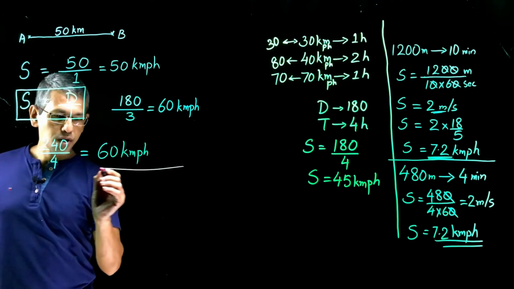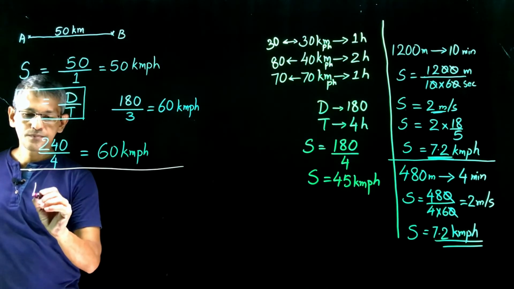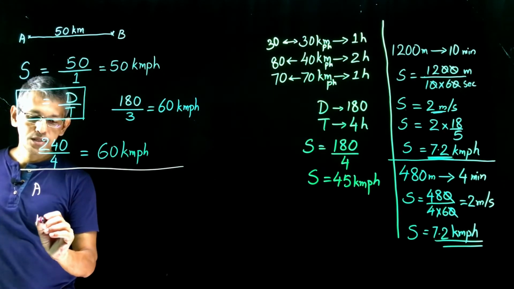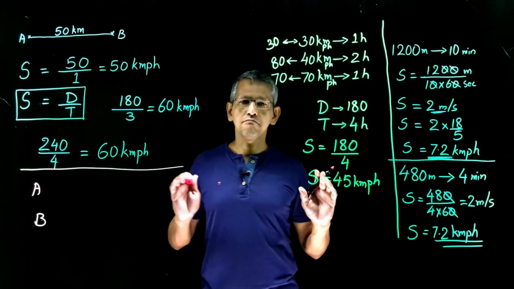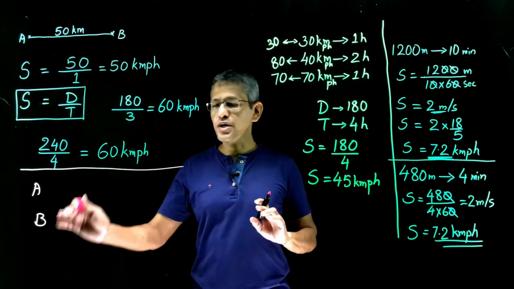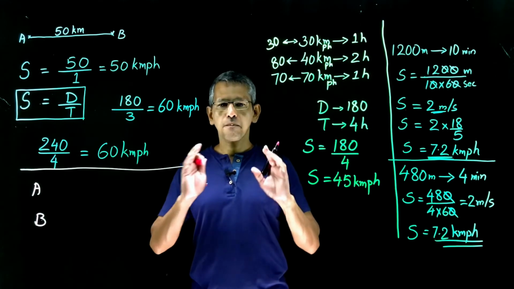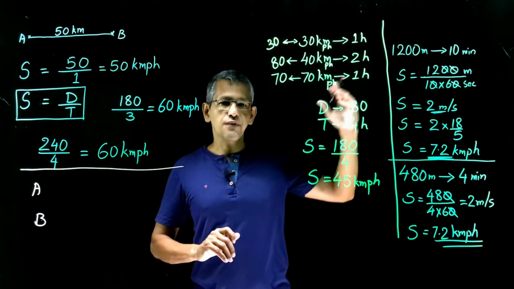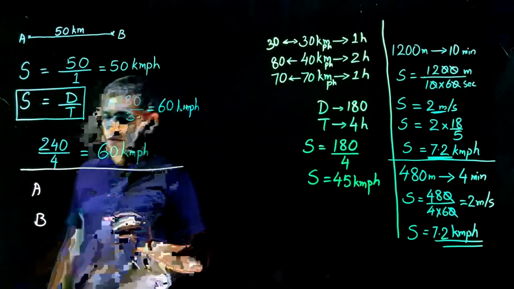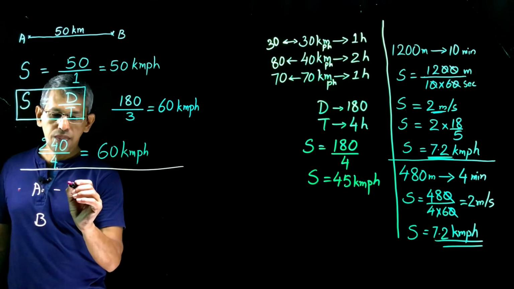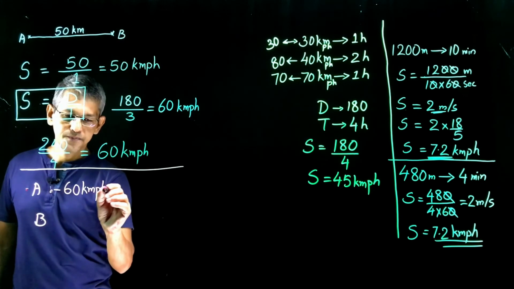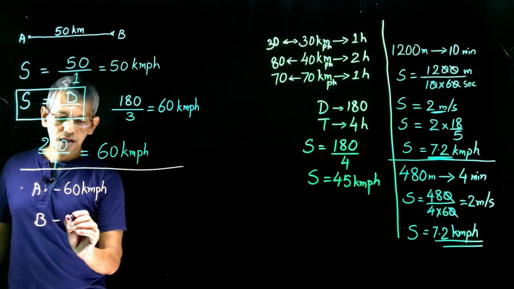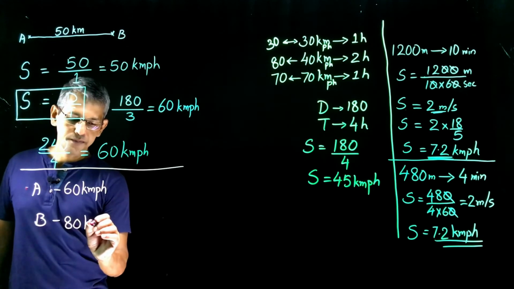So let's say two cars, car A and car B, started moving from the same point. Let's say it's two families. They started together from a particular point and they're going for a tour. The family in the car A, they drive at a speed of 60 km per hour. And in the second car, they drive at 80 km per hour.